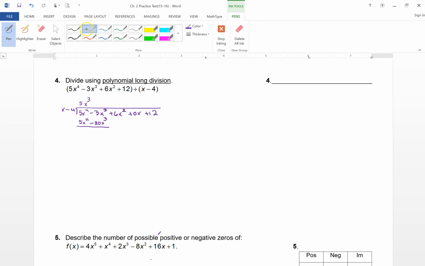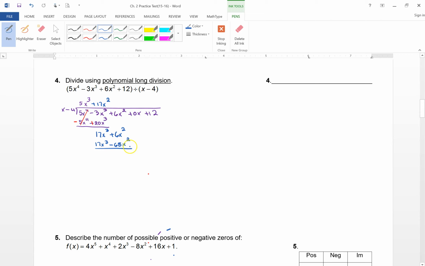Now, what we've been doing is changing the sign so we can add. So we get 20 minus 3, 17x cubed. And then the 6x squared comes down. 17x cubed over x, we get 17x squared. You multiply x minus 4 by 17x squared, and you get 17x cubed minus 4 times 17 is 68x squared.